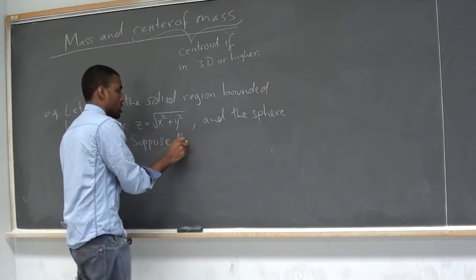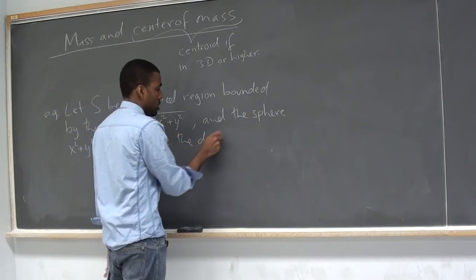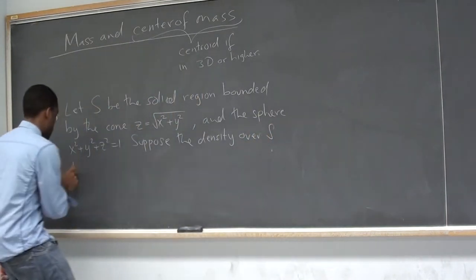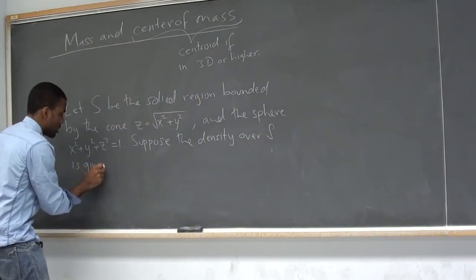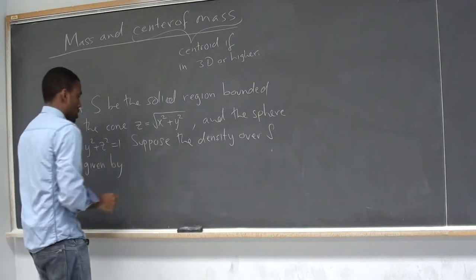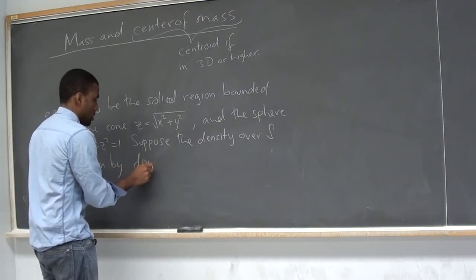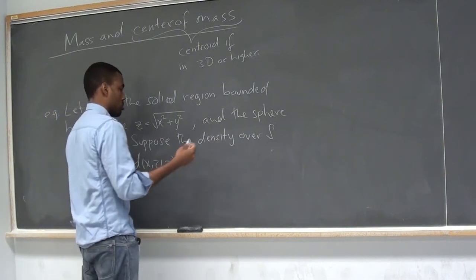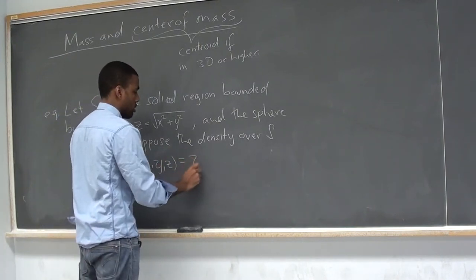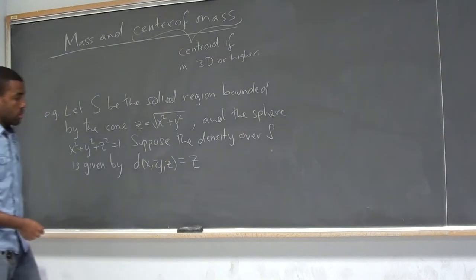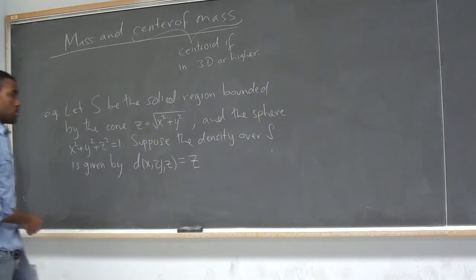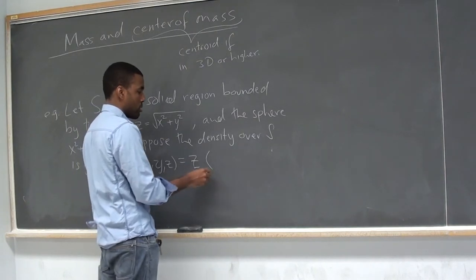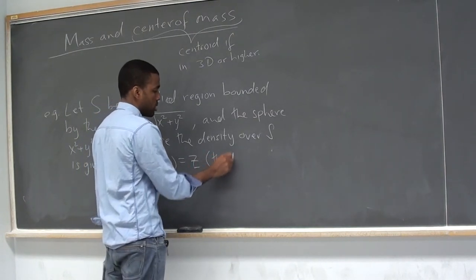Suppose the density over S is given by d(x,y,z) equals z, or something like that. Another way they could say this is the density at any point is given by the distance from the xy-plane.